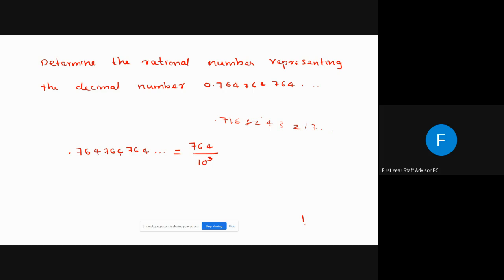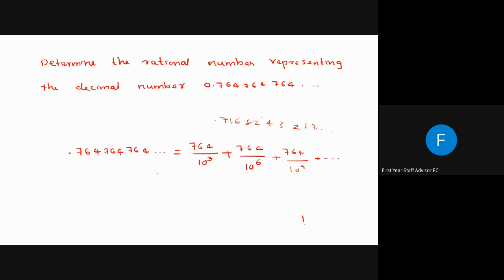So 764 divided by 10 raised to 3 plus 764 divided by 10 raised to 6, then 764 divided by 10 raised to 9 plus, etc. We can write it like this: 0.764 repeated many times, infinity times.